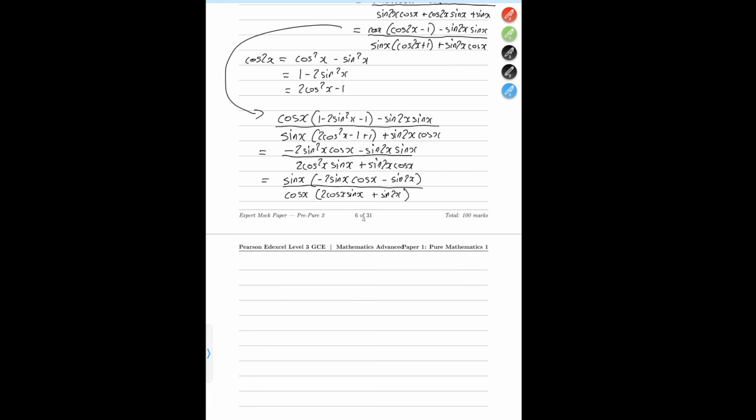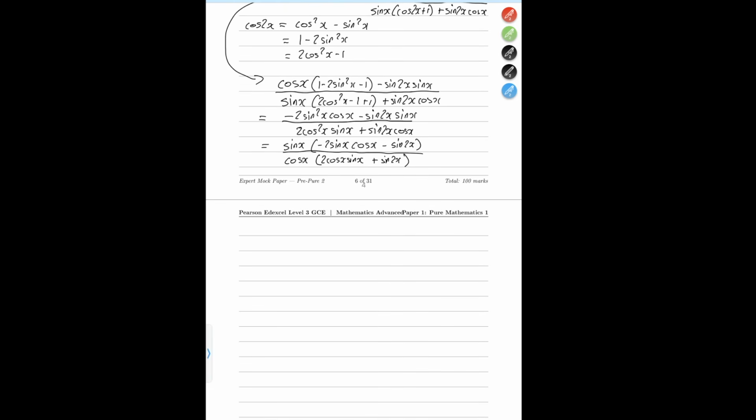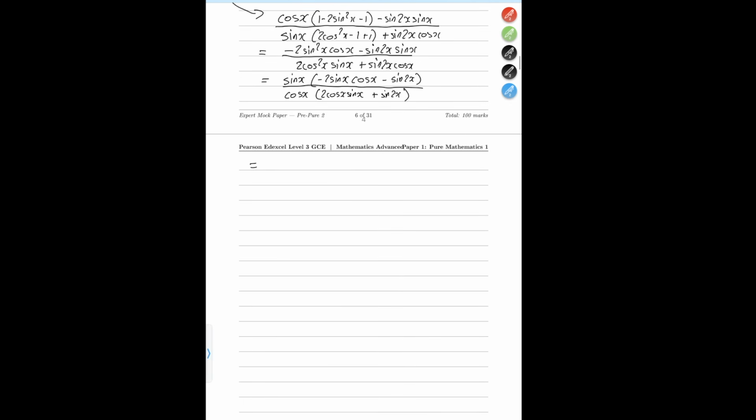Now, if you notice, actually, we can rewrite minus 2 sine x cos x as minus sine 2x, and the bottom 2 cos x sine x is sine of 2x. So this will become sine x times minus 2 sine 2x, and in the bottom cos x times 2 sine 2x, because this turns into sine 2x and this turns into minus sine 2x.